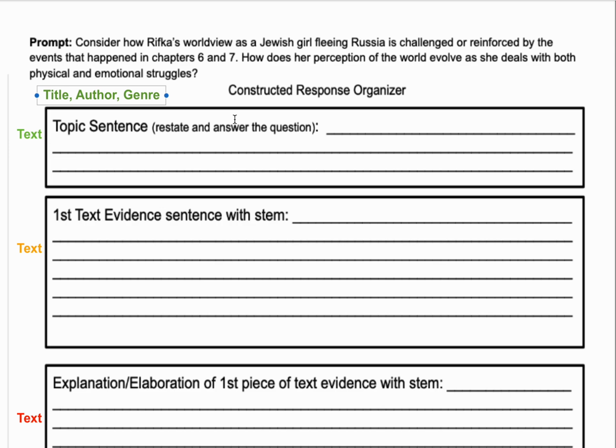So, a couple of things that happen in chapters 6 and 7 that we could write about are her being left in Europe because of her ringworm, or how she starts losing hair from her ringworm. But we really want to focus on the worldview part, okay? There are two incidents in these chapters that could really challenge her and how she thinks about people, or could reinforce that not all people are good and the world is a scary place.